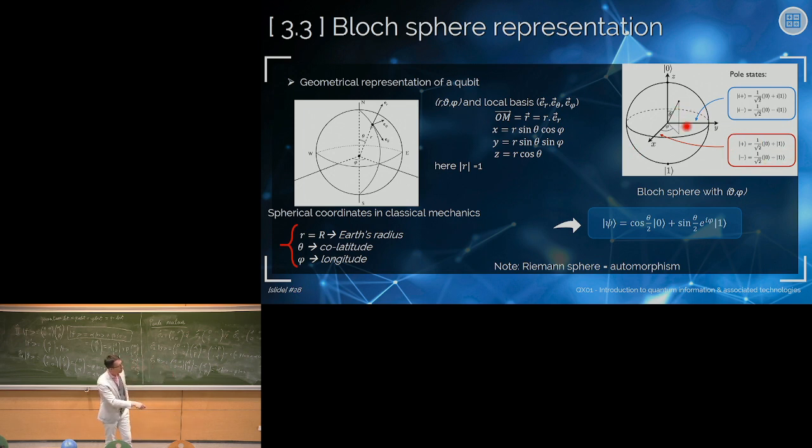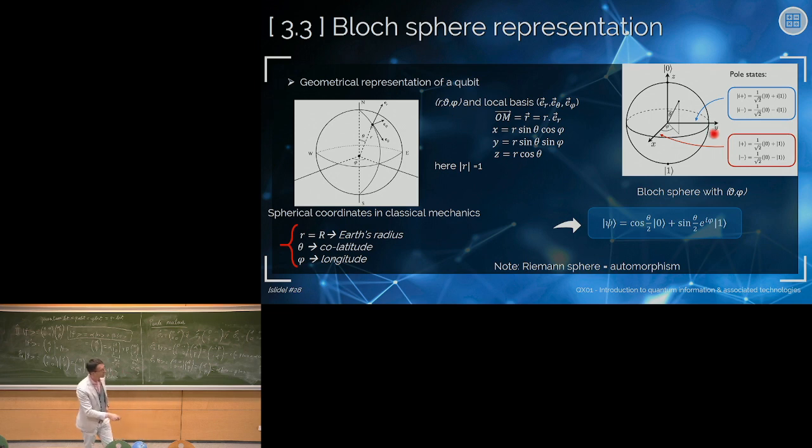And for y, you would have the equivalent in the complex plane: 0 plus i1 and 0 minus i1. So these are 6 particular points: north, south, y, minus y, x, minus x. But of course, you can point at any point in space in this sphere.